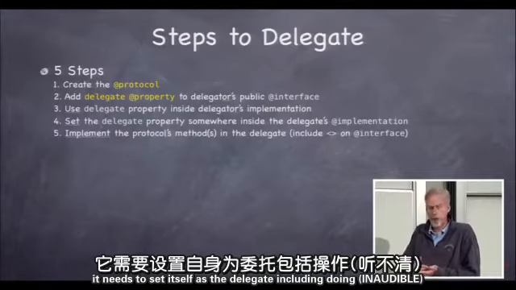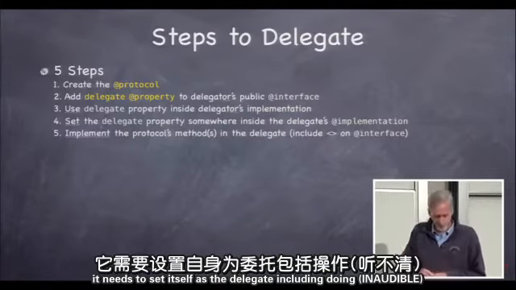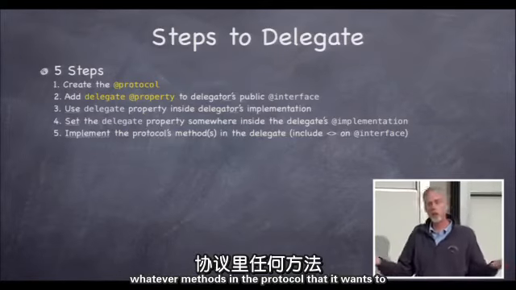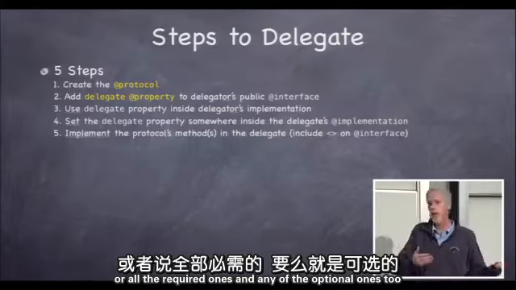It needs to set itself as the delegate, and implement whatever methods in the protocol it wants, or all the required ones, and any of the optional ones it wants.